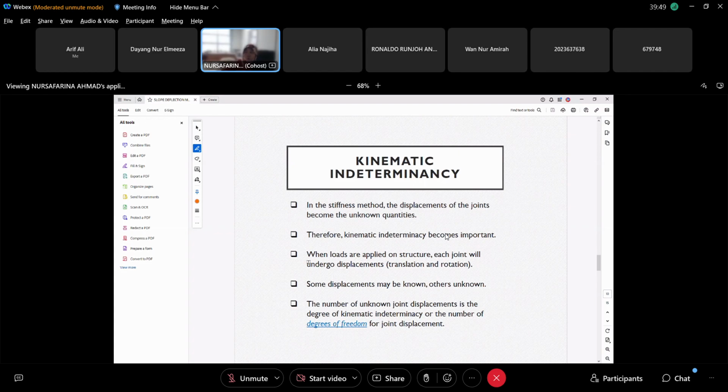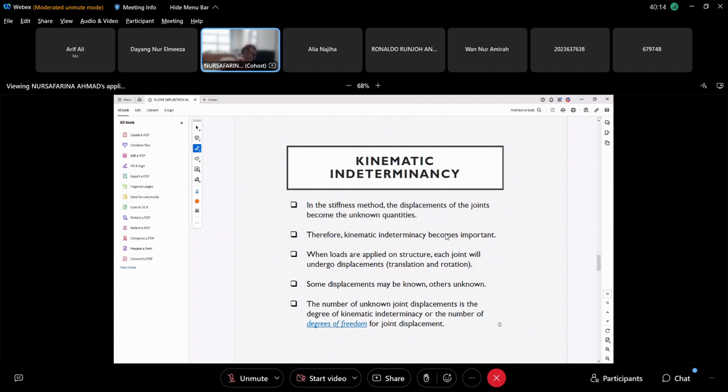When loads are applied on the structure, each joint will undergo displacement, translation and rotation. I will explain more when we go to the stiffness method. Some displacements may be known, others unknown. The number of unknown joint displacements is the degree of kinematic indeterminacy, or number of degrees of freedom.